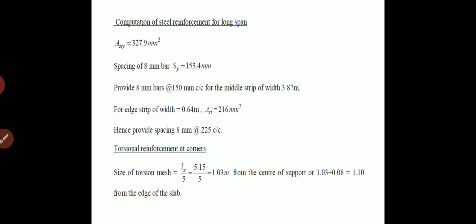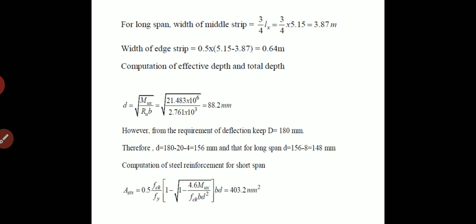Computation of steel reinforcement for longer span. Here we calculate AST by this formula. We provide all these values. When we calculate with this formula, only one value changes, all other values are the same. MUX is replaced by MUY, all other values are the same.